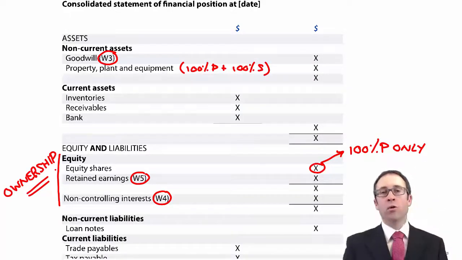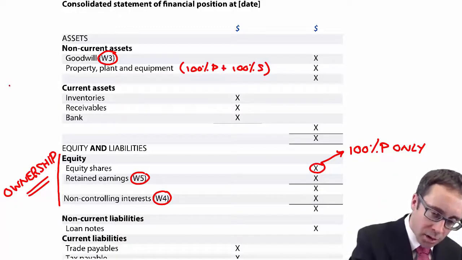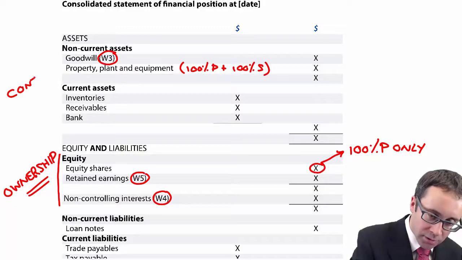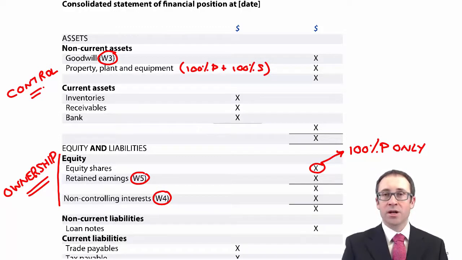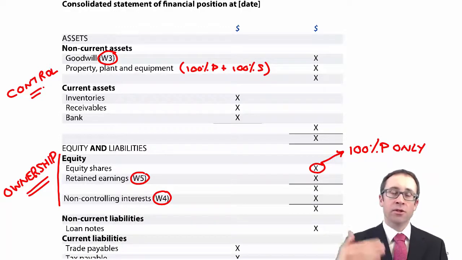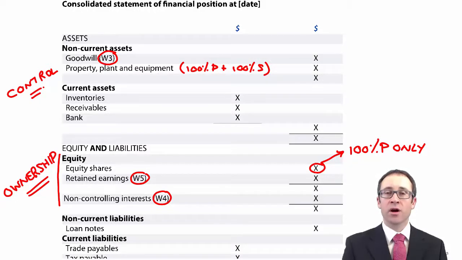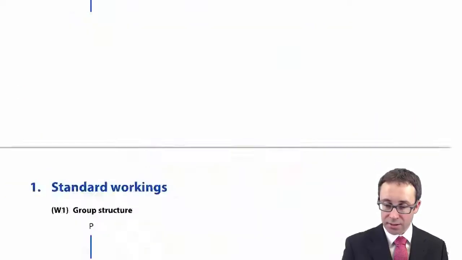It's showing who owns what of the subsidiary, because at the top, by adding across 100% of P and 100% of S, that is because we have control of those assets, and we need to show who owns those assets. So that's represented by equity. The equity shares belong all to the parent, so we're showing what the parent owns with regard to the shares, and then they also own all of their retained earnings plus their share of the post-acquisition retained earnings.